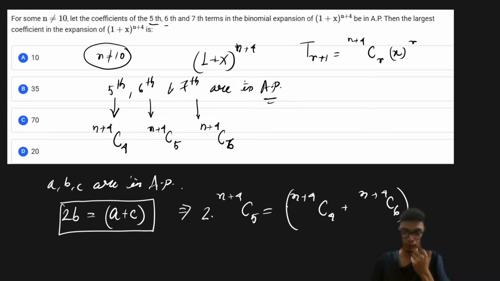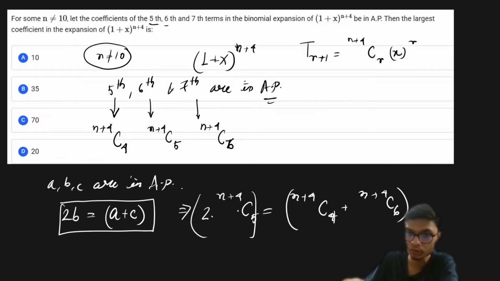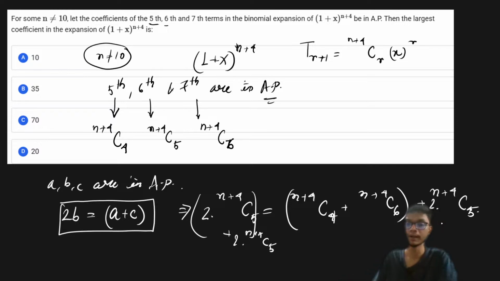From this we will solve for the solution. What I'm thinking is to multiply it by 2. Why I'm doing it, I will tell you. Multiplying by 2 basically means adding 2 times (n + 4)C5.